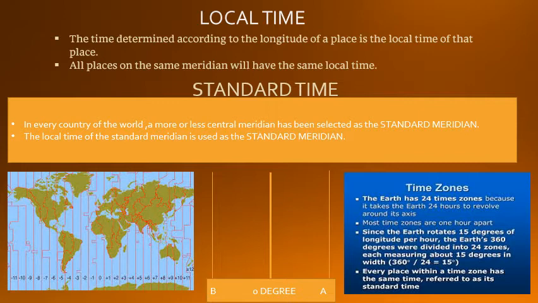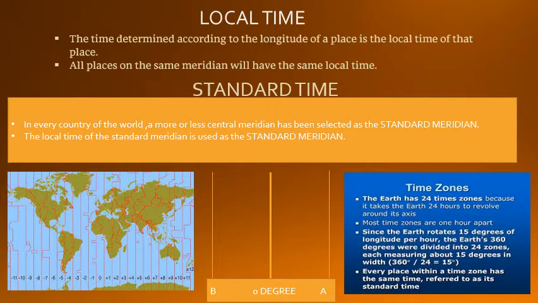The local time of a place can also be calculated if we know the longitude of the place and the local time and longitude of another place. Let us understand this concept using an example.